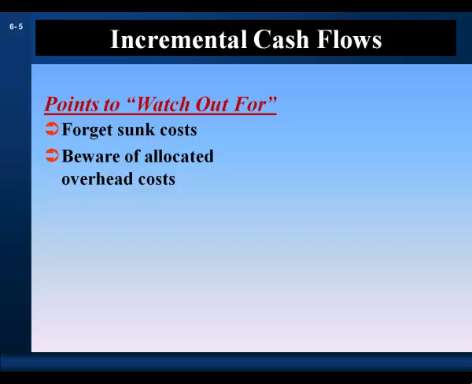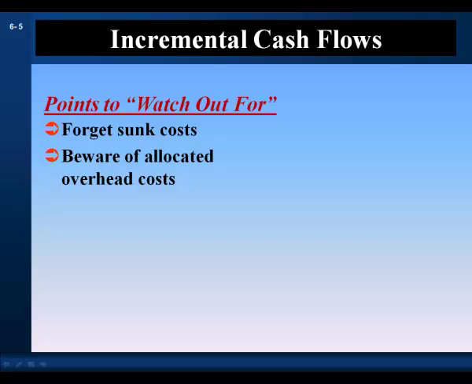Beware of allocated overhead costs. Overhead costs such as rent, air conditioning, heat, light, and top executive salaries may not be related to any project, but they must be paid for. Accountants will assign a portion of these costs to the firm's projects, charging an overhead cost. The idea is that all projects must carry their share of overhead cost.